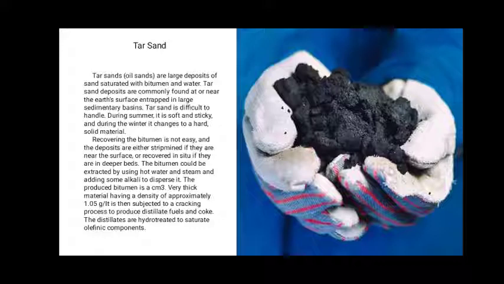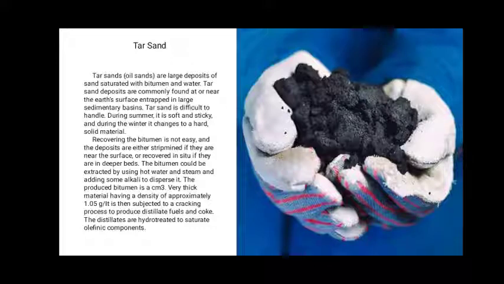Recovering the bitumen is not easy, and the deposits are either strip mined if they are near the surface, or recovered in situ if they are in deeper beds. The bitumen could be extracted by using hot water and steam and adding some alkali to disperse it.